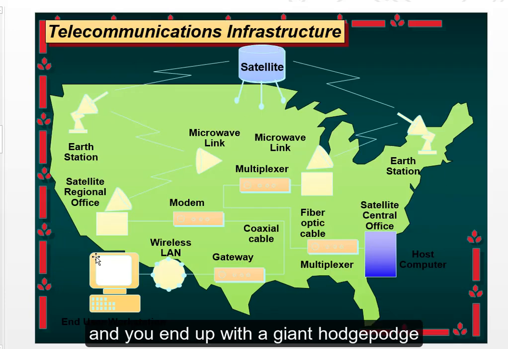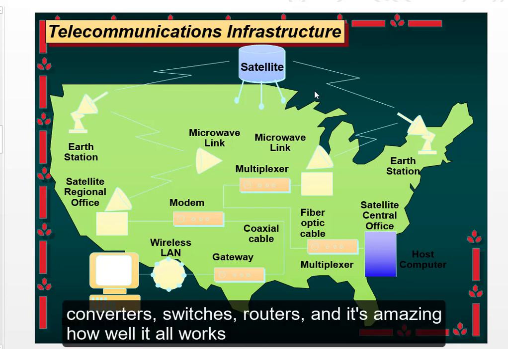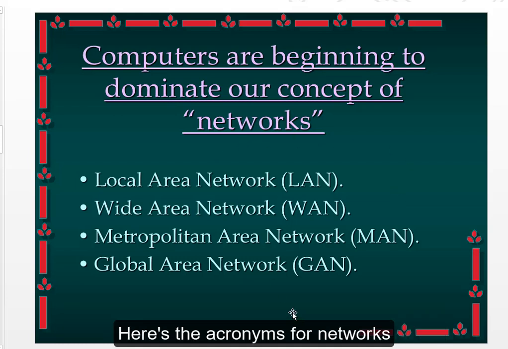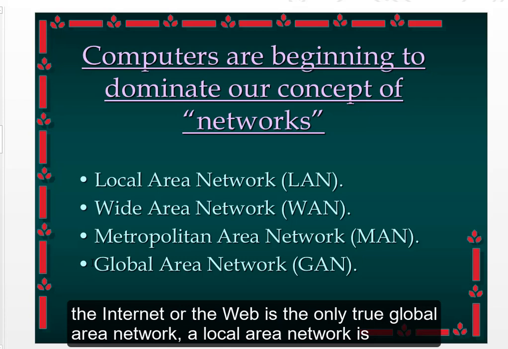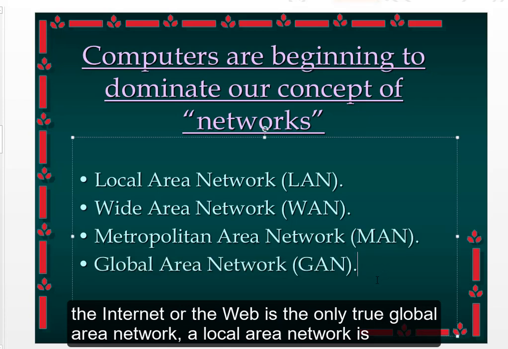And you end up with a giant hodgepodge of media, connectivity, converters, switches, routers, and it's amazing how well it all works. Here's the acronyms for networks, mostly defined by geographic area. The internet or the web is the only true global area network.